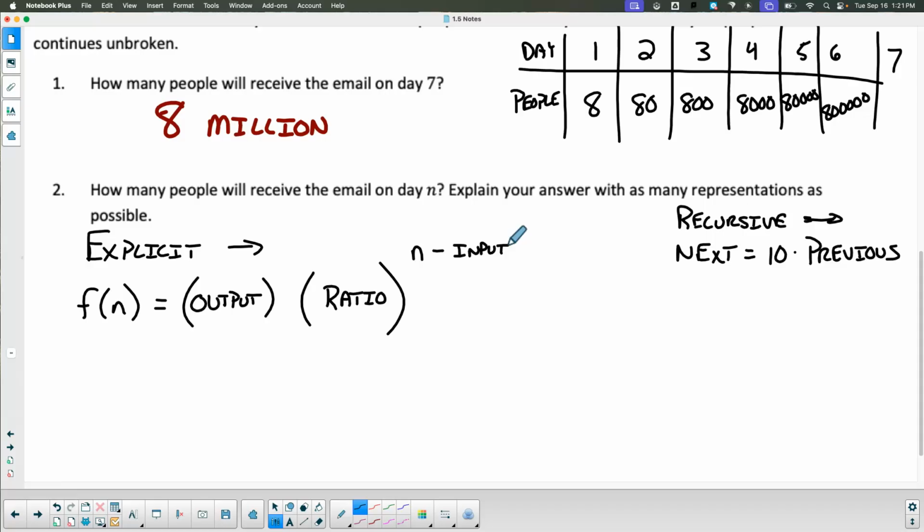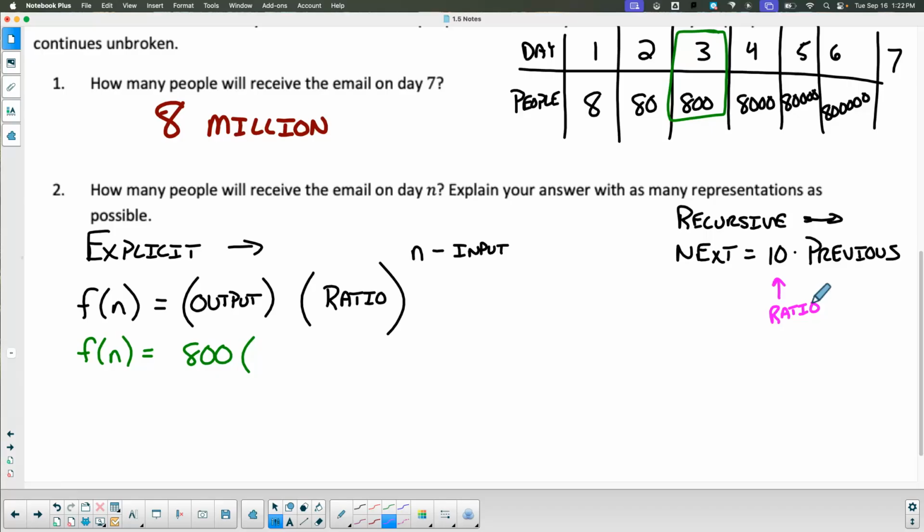Okay? So for instance, let's say I chose this one here as my starting point. Okay? So my function then would be f of n is equal to, my output is 800. My common ratio is this right here, what I'm multiplying by to get the next term. Okay?